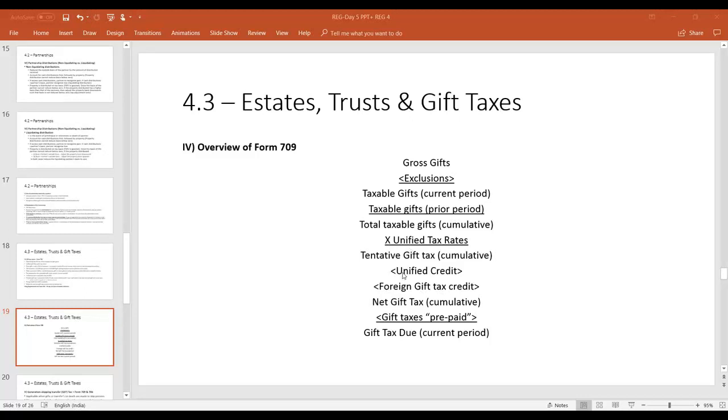So if you have a 5.45 million estate, you will get a tax credit of 2.125 million on your tax return. This is a unified credit that is applicable to both the gift and estate. Okay, so as I said, this unified credit will reduce your tentative gift tax. You can also reduce your gift tax by any foreign taxes that you have paid.